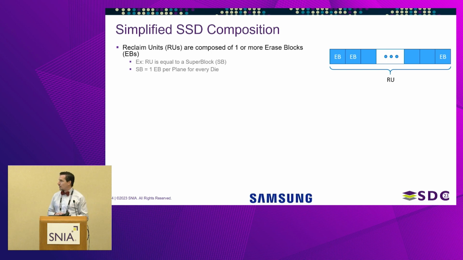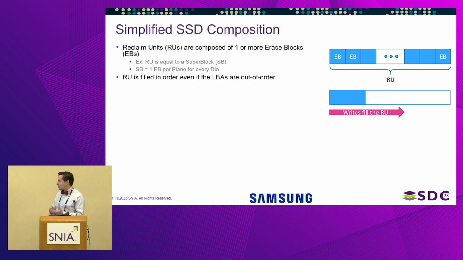So now you're going to be able to have full parallelism of writing to your entire NAND field. That's one reason why superblocks are selected. So I'll use this whenever I'm talking about an RU today. There are other possible implementations of an RU, but it's just easier to have one picture in our minds.